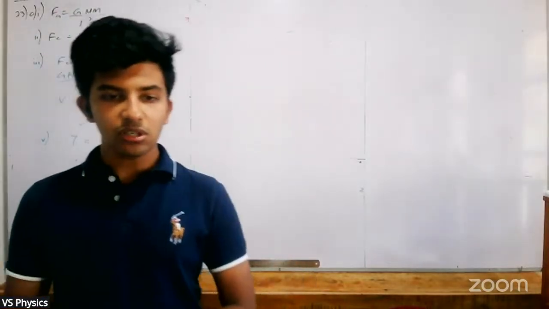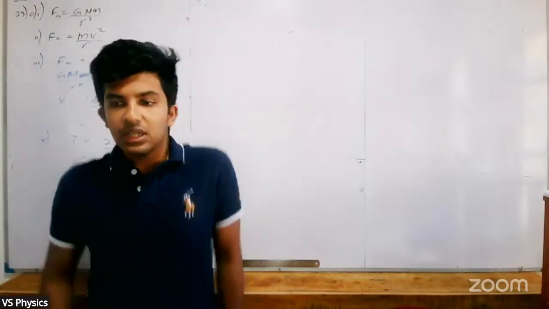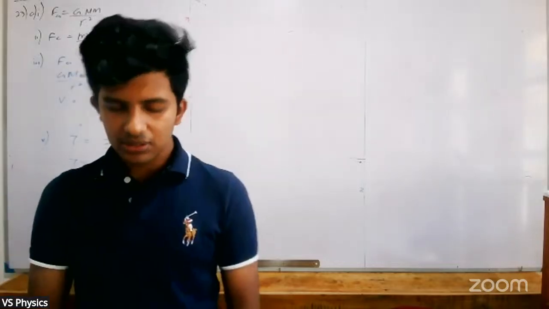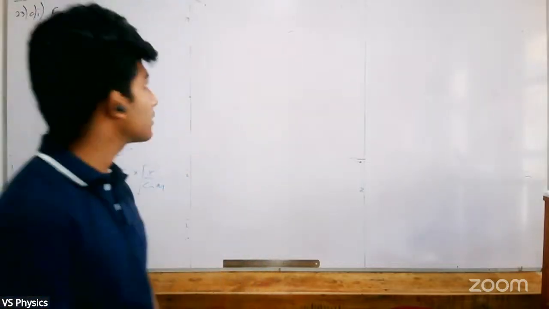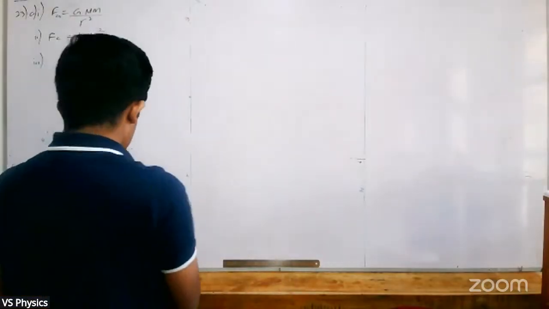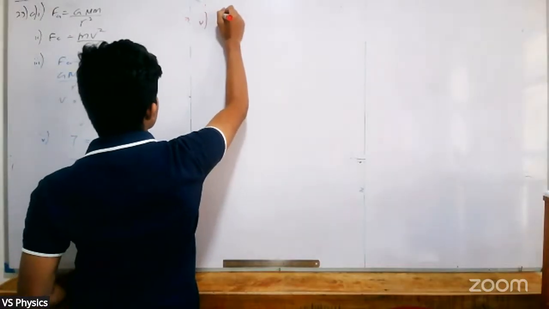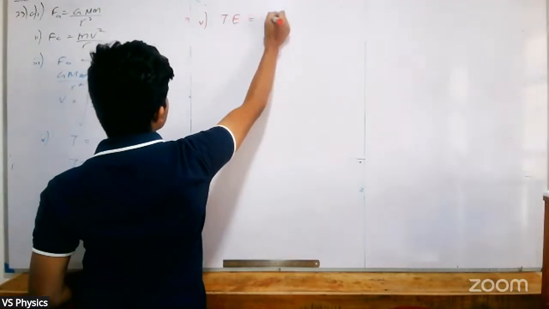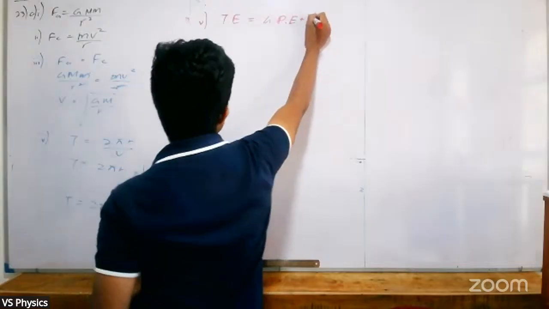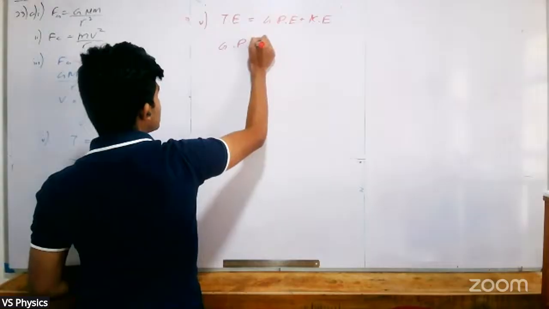Derive an expression for total mechanical energy of the satellite in terms of M, m, r and G. When it says derive, you cannot directly write the answer minus GMm over 2r. We have to derive it. How do we derive it? First of all, we can write total energy is equal to gravitational potential energy plus kinetic energy. What is gravitational potential energy?